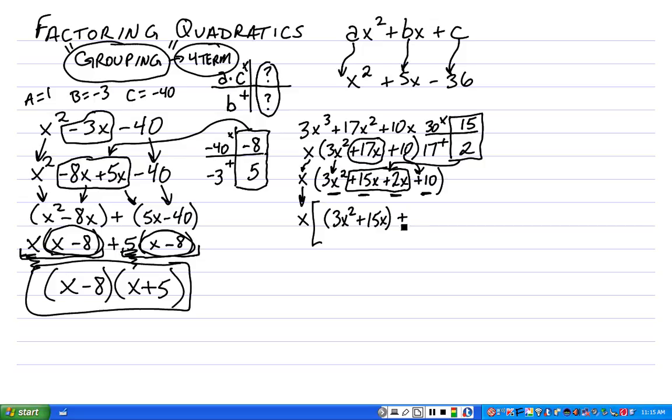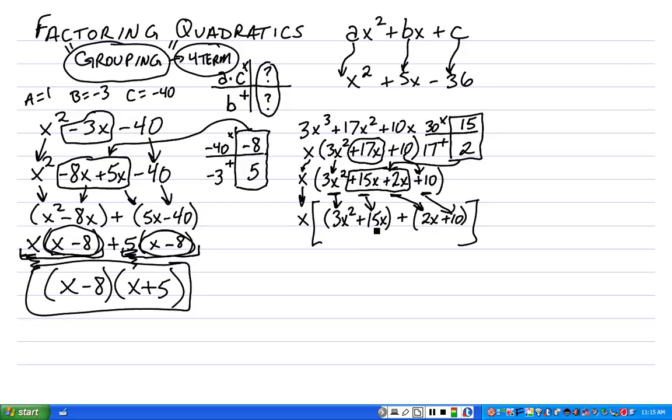Remember, I'll keep a plus sign in between my pairs. And over here, 2x plus 10. Okay, so this is my x out here that I factored from the very beginning. And these are my pairings from my 4 terms right here. So that's that one, that's that one, that's that one, and that's that one. Okay, alright, so we have those.